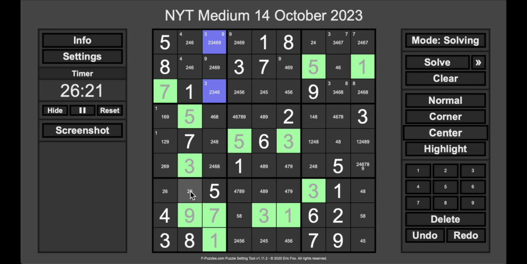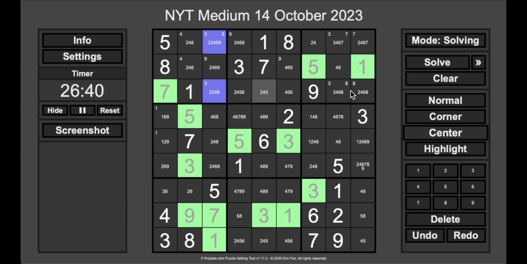See, this one's still, yeah, that helps, but this is not helpful at all. And I still have too many possibilities for 2, 4, 5, 6, 9 in box 2.